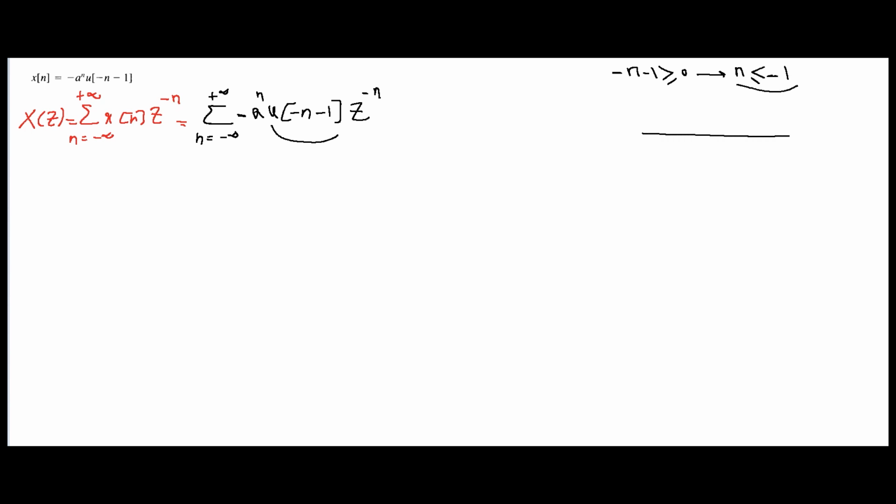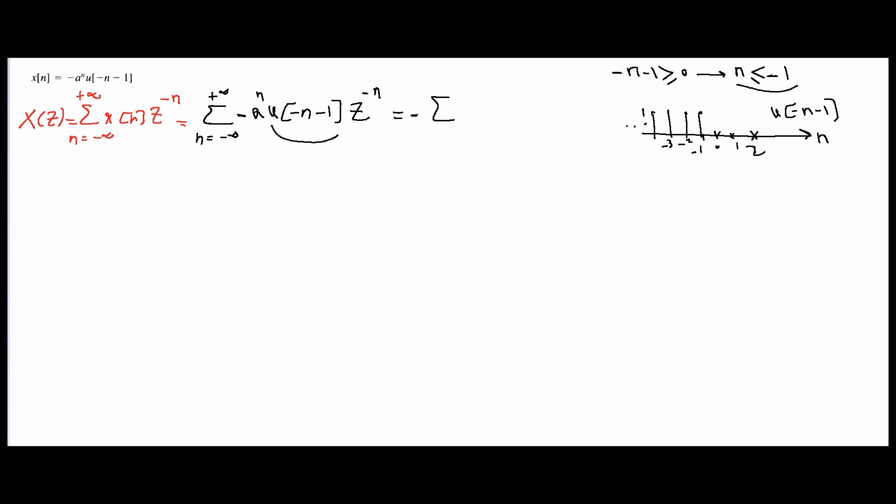This means that u[-n-1] is equal to 1 for n less than or equal to minus 1, and it's equal to 0 everywhere else. If we sketch this signal, it has a value of 1 at minus 1, minus 2, minus 3, while it is 0 for all values greater than minus 1.